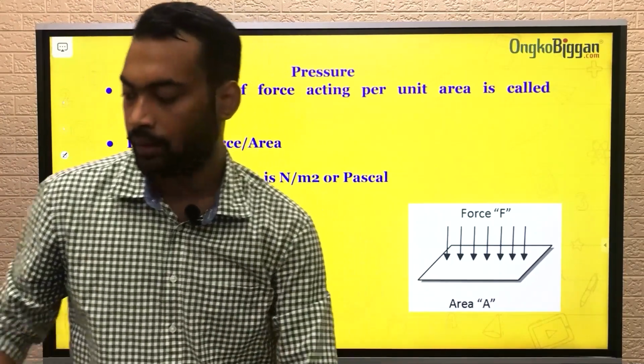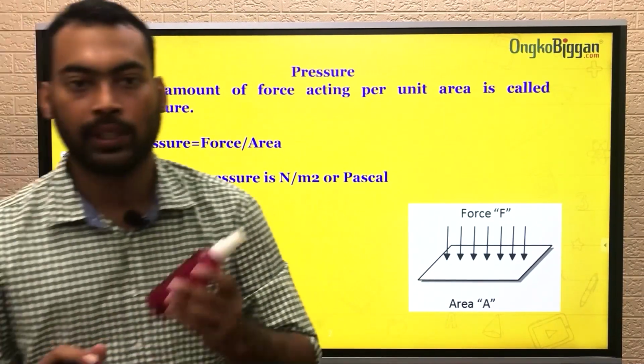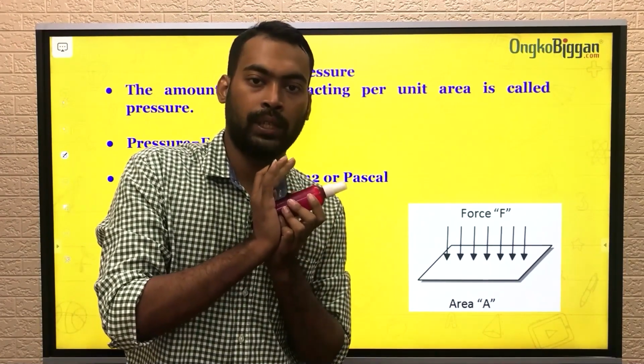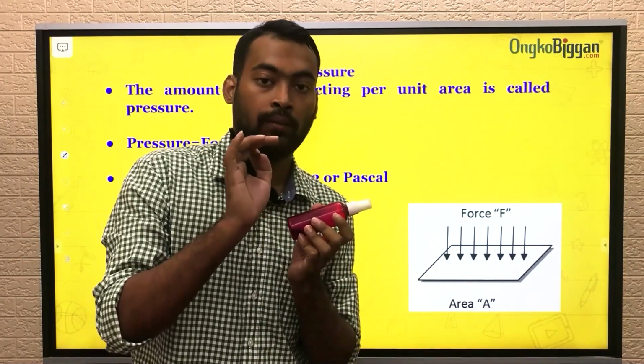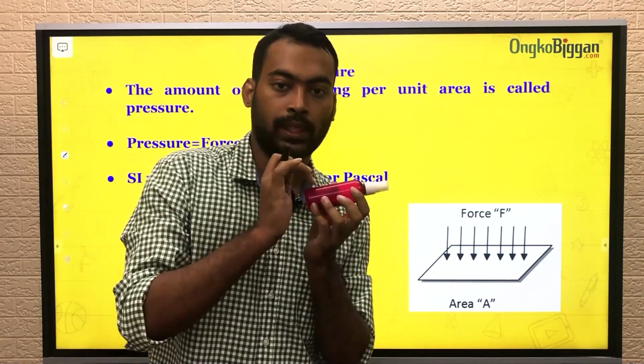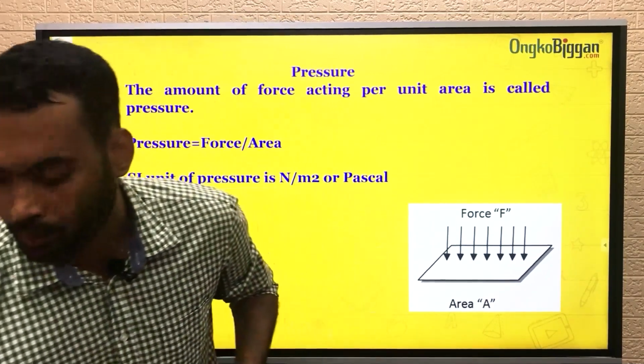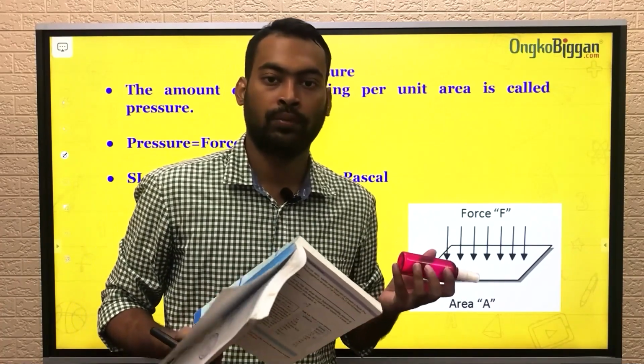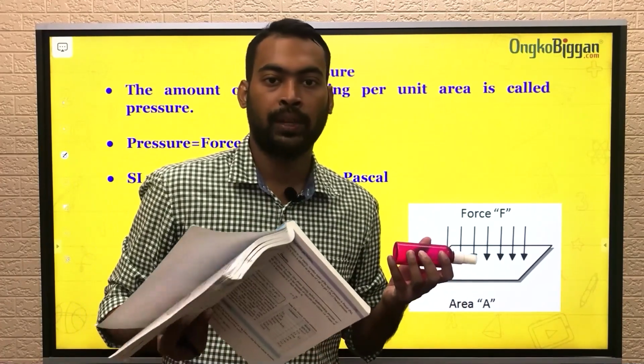And for this object, when I'm applying the same amount of force, the pressure will be different. Now, which one will have less pressure? Will this object have less pressure, or will the book have less pressure? I have applied the same amount of force on both objects, but the pressure is different.